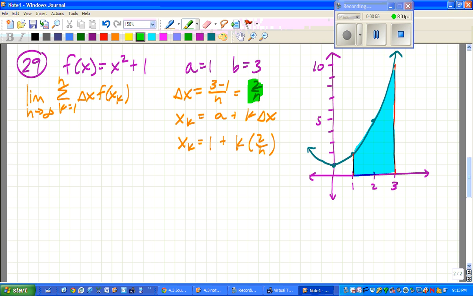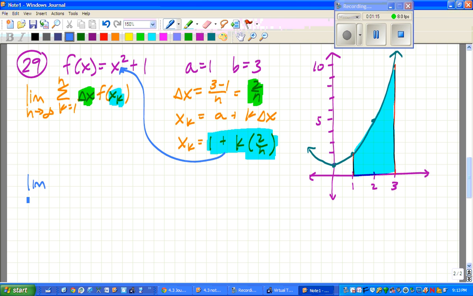So 2 over n is going in for our delta x, and 1 plus k times 2 over n is going in for x sub k, which really means we're taking that and putting it into our function for x.